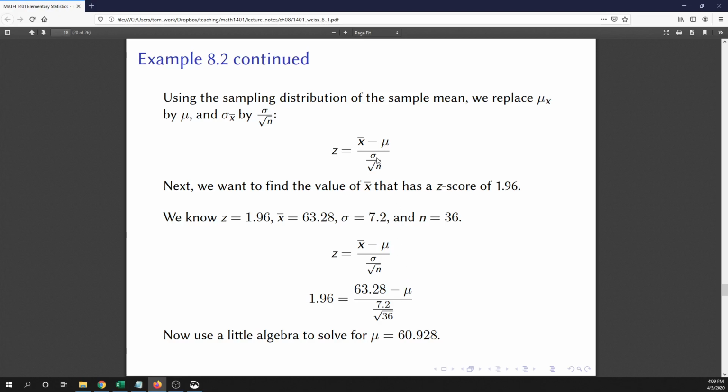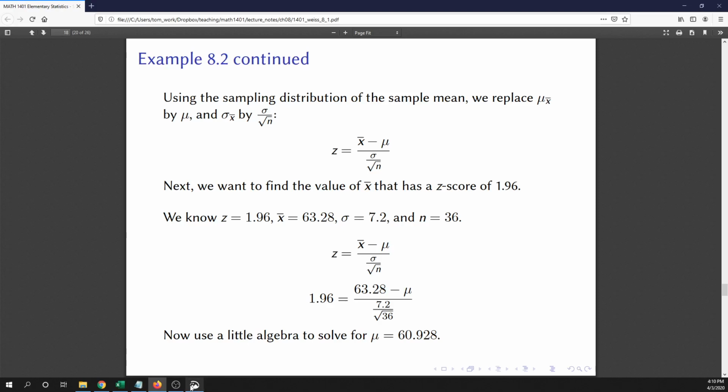We are given that the population standard deviation is 7.2, and that the sample size is 36, so the square root of 36, which is just 6. So all we need to do now is use a little algebra to solve for mu, and we'll get 60.928.